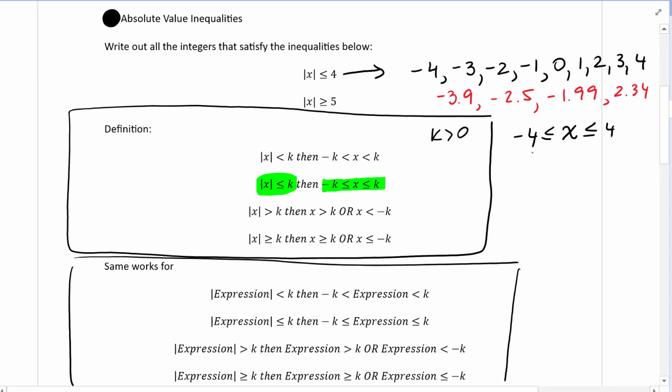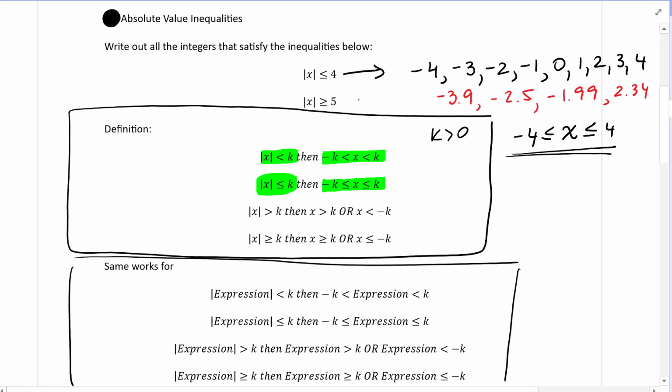So as you can see, this is what happened in our situation. And of course, if it was strictly less than 4, then we would have -k less than x less than k, or -4 less than x less than 4.